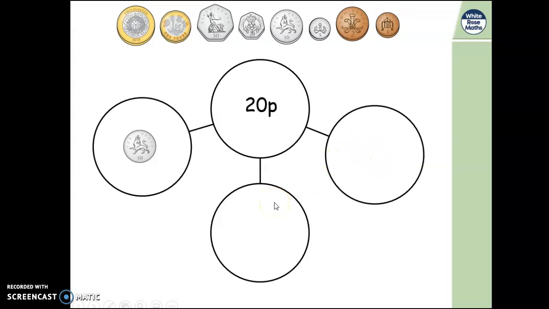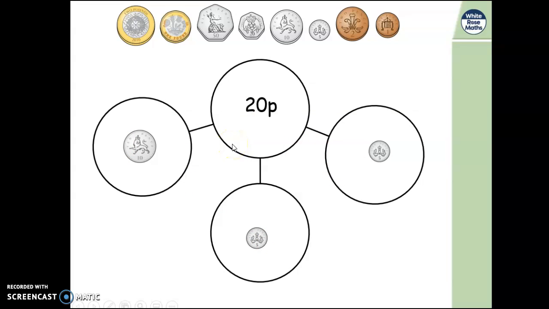So can we use some coins? Can we split 10 into 2 parts? Now if you know your number bonds to 10, you should know that 5 add 5 equals 10. So we've made the same amount, we've made 20p, but with 3 coins instead of 2.